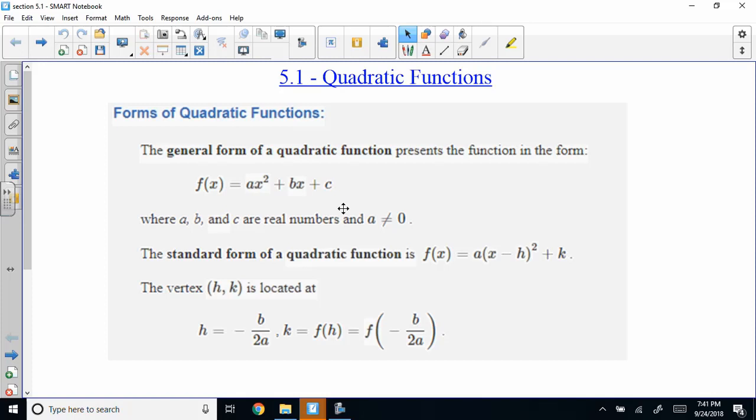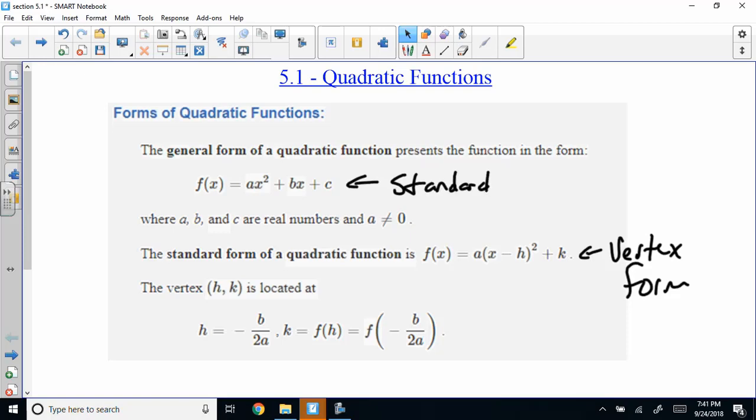The general form of a quadratic is ax squared plus bx plus c. I know they call it general form, and then they call standard form a times (x minus h) squared plus k. We really normally call this vertex form. And guys, as long as I can ever remember, we've always called ax squared plus bx plus c the standard form of quadratics.